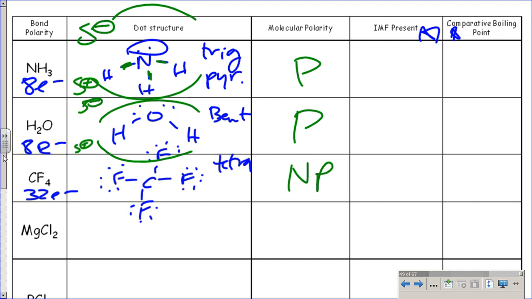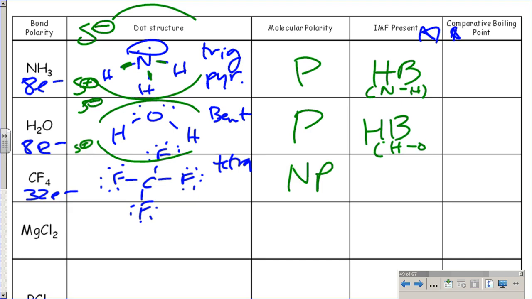Okay? Based on your knowledge of IMFs, polar molecules can undergo what or what? Hydrogen bonding or dipole-dipole. Which does this undergo? Why? Right, because H bonds are fun. H to N bonds. Good. Next one. Hydrogen bonding because, same story, right?